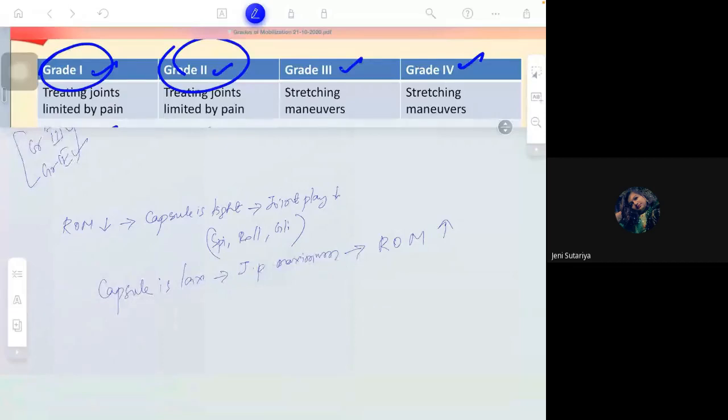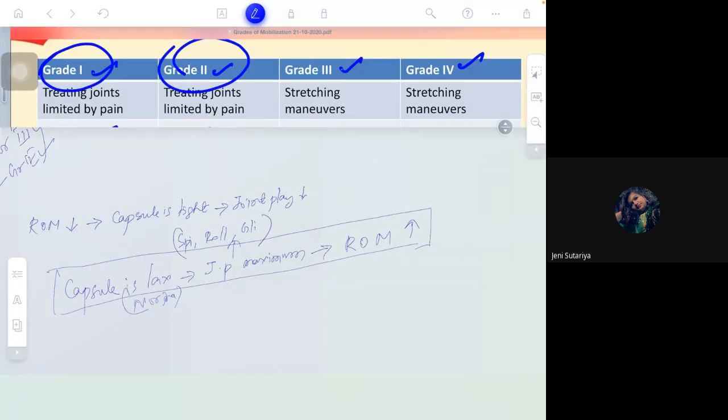If the capsule is lax or normal, there is no tightness in the capsule, then joint play will be available, maximum. What is joint play? Rolling, spinning, and gliding. If joint play is maximum, range of motion will be maximum or normal.